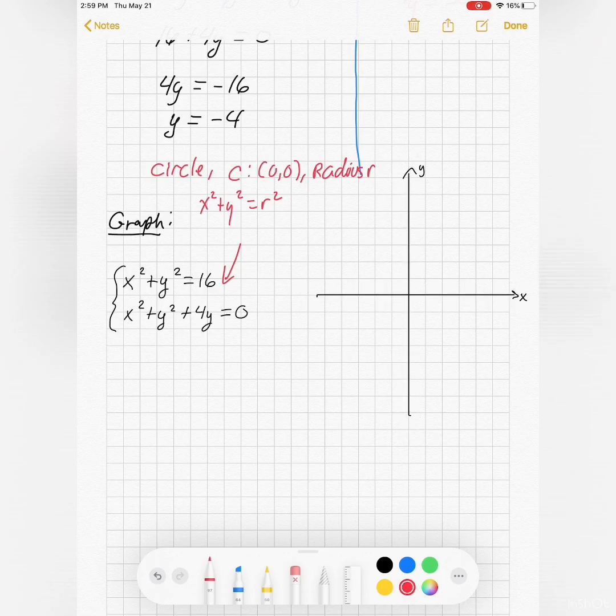Going to have, let's see, 1, 2, 3, 4 up, 1, 2, 3, 4 left. Try to make it look like a circle. Actually, surprisingly hard to draw on here. All right, that's good enough.